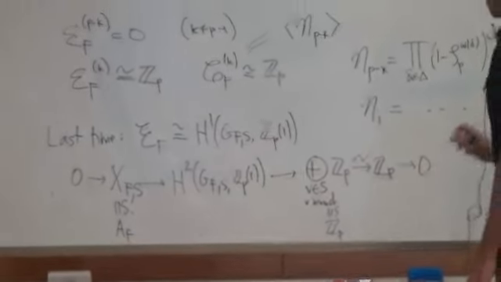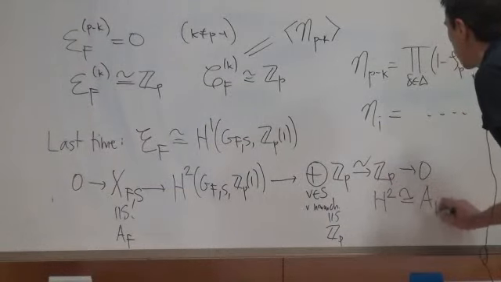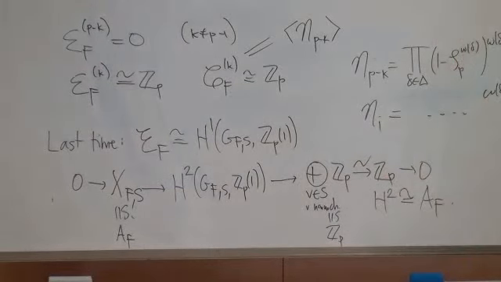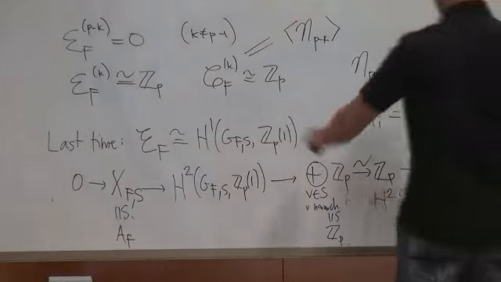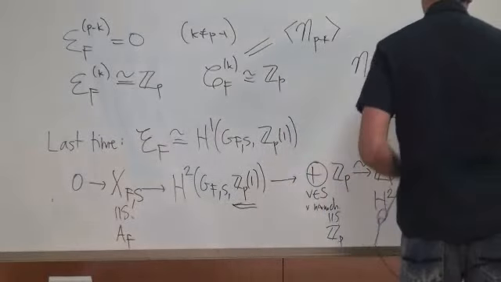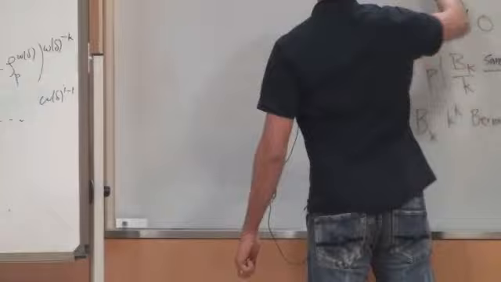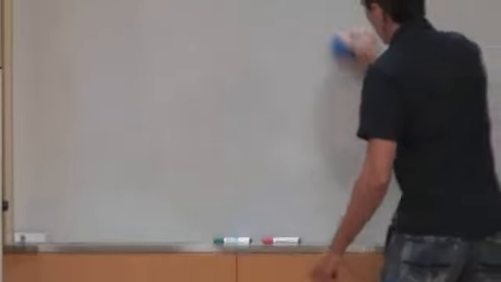So in other words, our H^2 is isomorphic to A_F. So H^1 is E_F and H^2 is A_F, but this is H^2 with Z_p(1) coefficients, and that's not the H^2 I'm going to be interested in. I want to consider cup products like this.